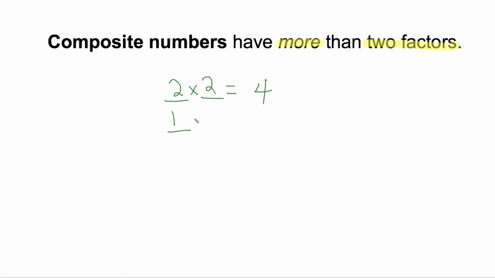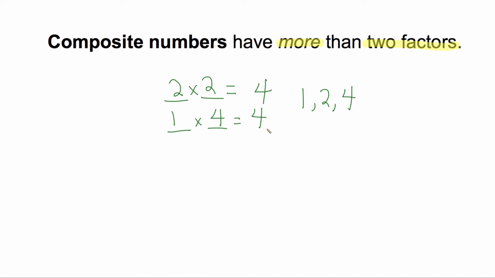And of course, there's always 1 times itself. And that's it. Those are the only combinations for 4. So our factors are 1, 2, and 4. Just a quick note, if you have doubles in your multiplication, you only ever just say it once. It would be redundant if you put 2 2's in the factor list. So this has 3 factors, which is more than 2. So this is a composite number.